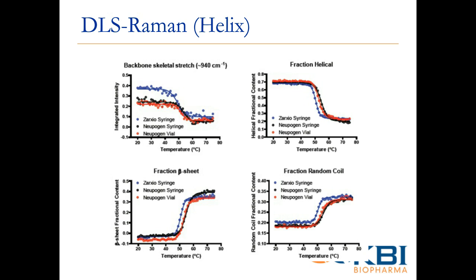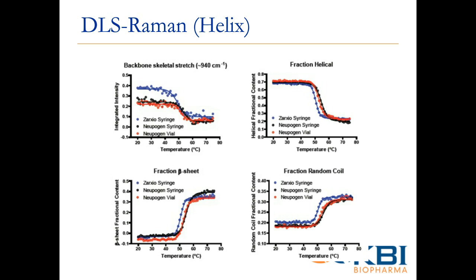But we did notice that the Zarsio actually transitioned a little earlier than the Neupogen, and this correlated as well with DSC. Now, these two materials I forgot to mention are actually formulated at slightly different pHs. Zarsio at 4.4 versus Neupogen at 4.0. So this is the cause actually for that earlier onset observed in Zarsio.